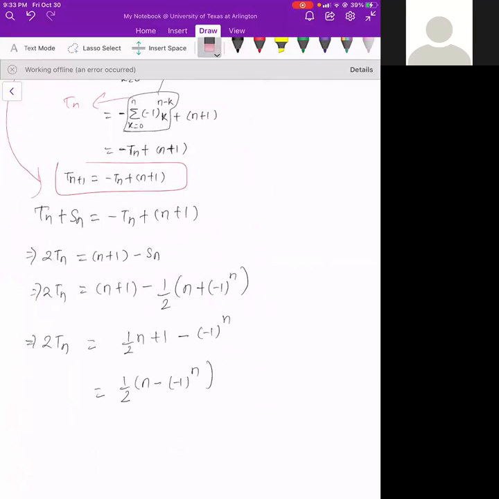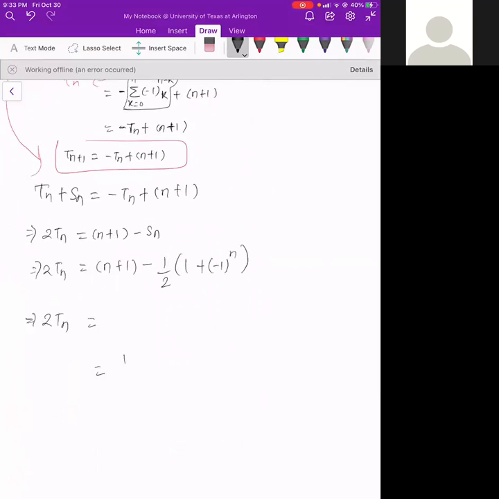Or I'm so sorry about this. This is not n. This is 1, and that actually gives us the liberty of writing this thing as, all right, I'm going to redo this step because I messed up a little bit, but that's what math is: figuring out from your mistakes.